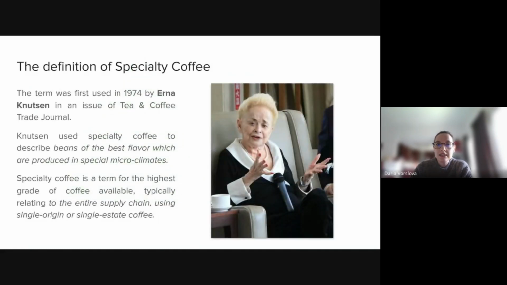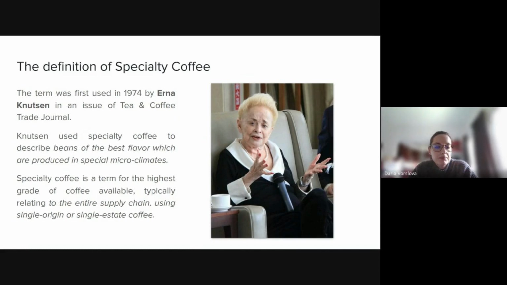And at that time, of course, we already have a definition from Erland Knudsen, who defines specialty coffee as beans of the best flavor, which are produced in special microclimates.